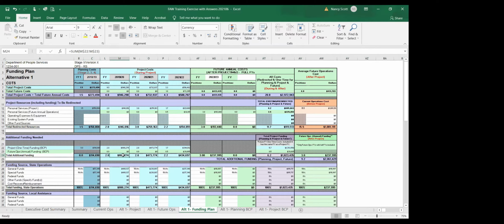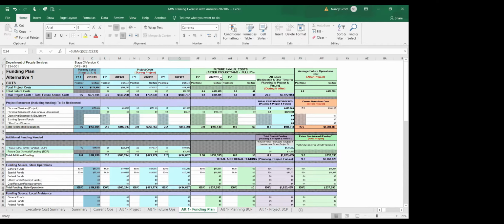For 2018-19, it would match the 800,274. The BCP should match that 473,774, and then 434,697. We have a partial year for project and a partial year for future ops, so we know that those are going to show up both together under that same fiscal year.